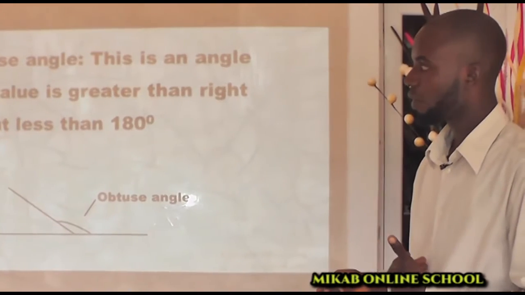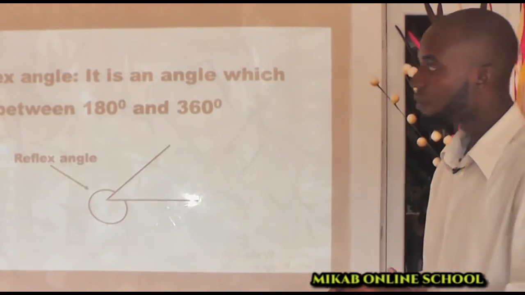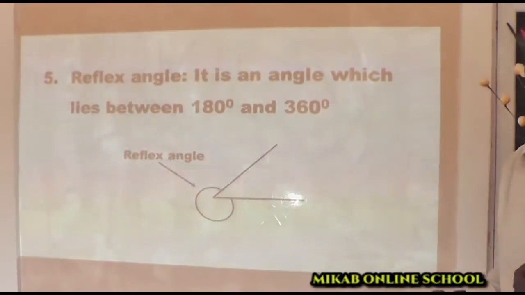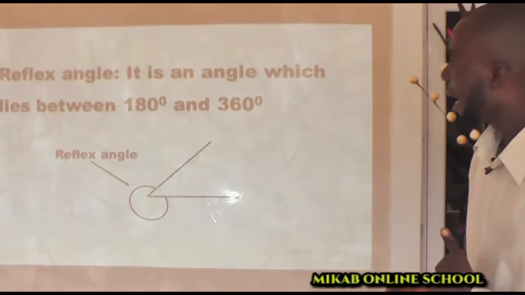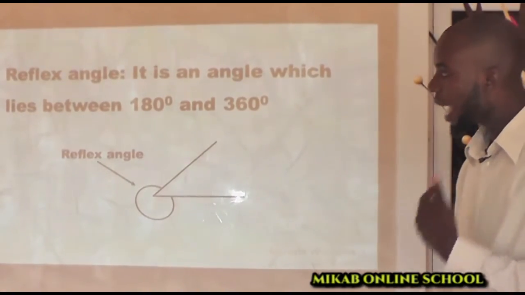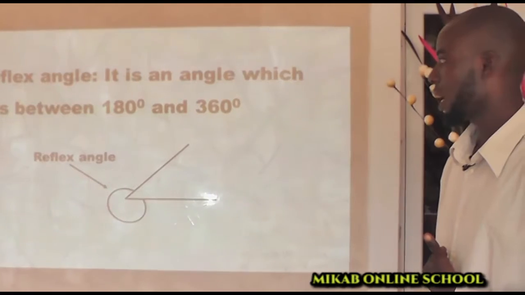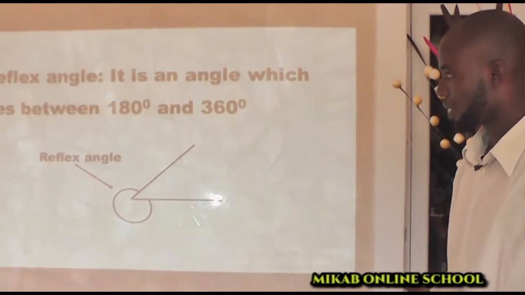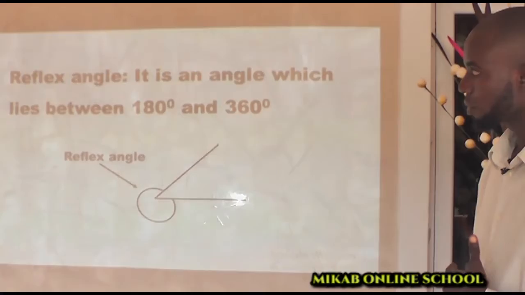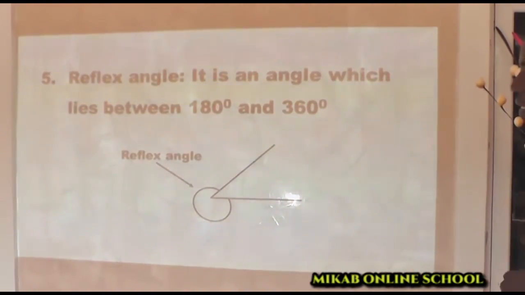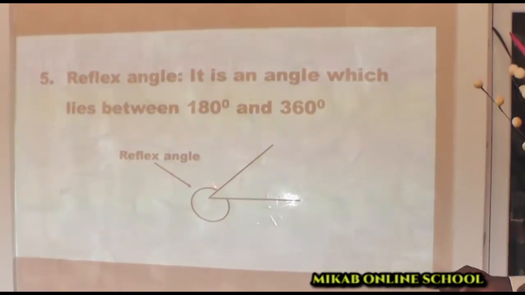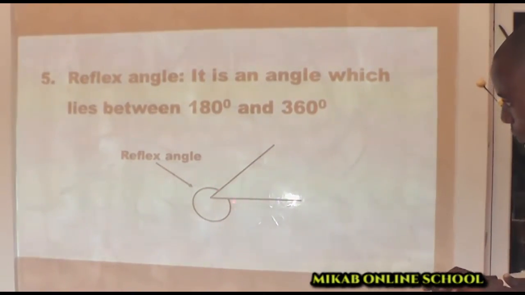And in the case of the next example, we have a reflex angle. A reflex angle is an angle which lies between 180 degrees and 360 degrees. If you're talking about a reflex angle, this is a reflex angle.